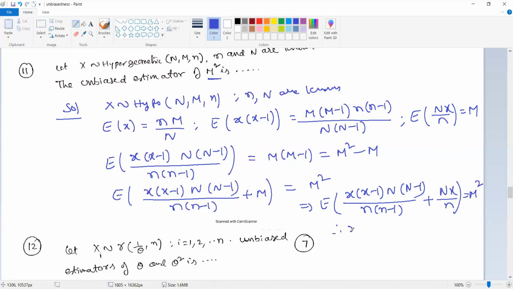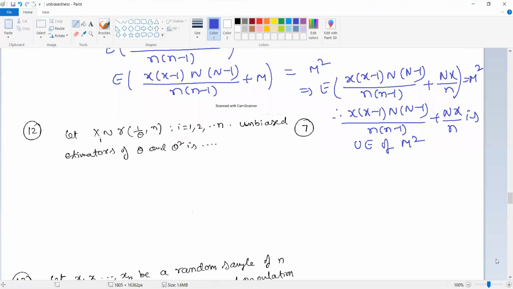Therefore, X into (X minus 1), capital N into (capital N minus 1) by small n into (small n minus 1), plus capital N X by small n, is an unbiased estimator of M square. That is very, very important. It is very important from the National University examination point of view.